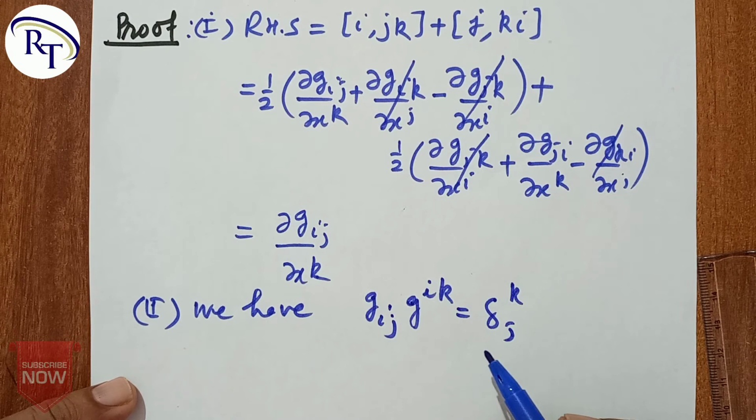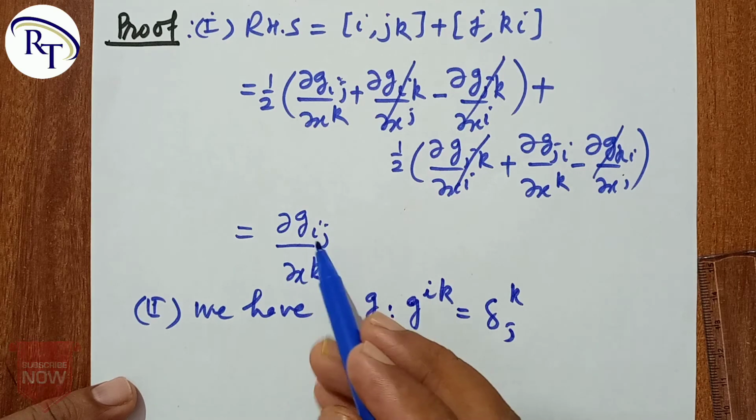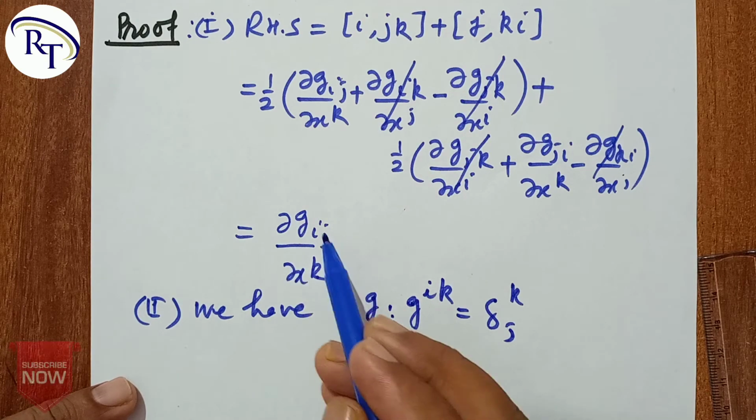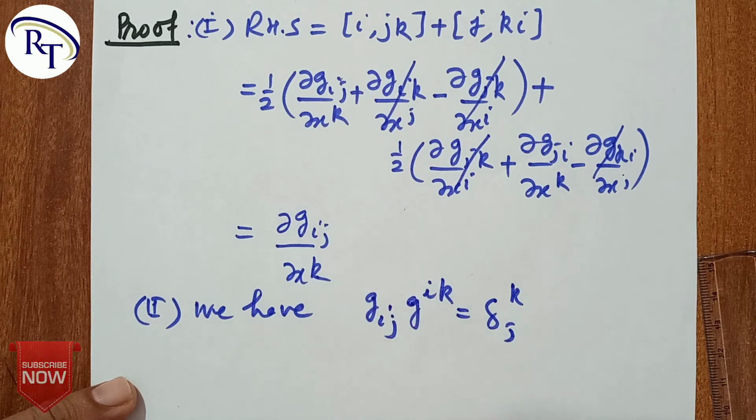So how shall we prove it? By using the known property, the result I already obtained for ∂g_ij/∂x^k. Firstly we have g^ij g_ik equal to the Kronecker delta. Now differentiating partially with respect to x^l.